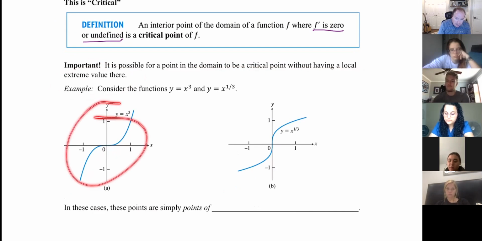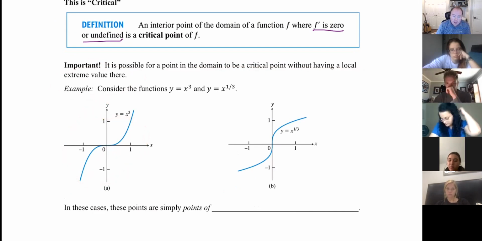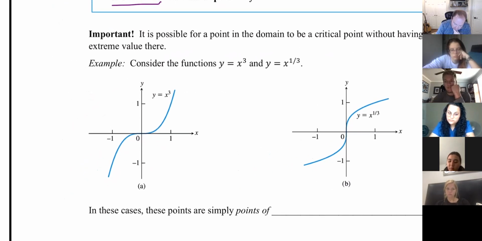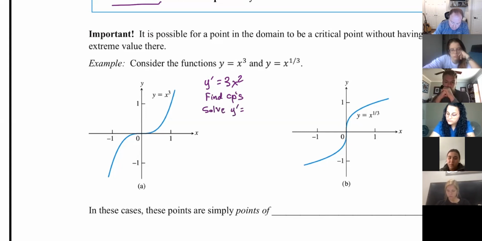So over here, we have a cubic function, and let's go ahead and find the critical points of x cubed. Well, what we're going to do is take the derivative. y prime equals 3x squared. And in order to find the critical points, we solve y prime equal to 0.